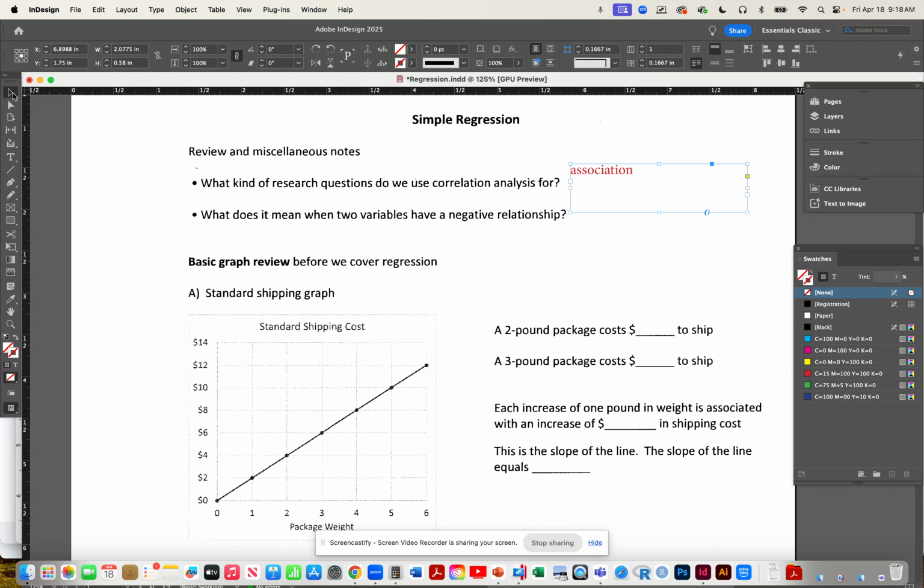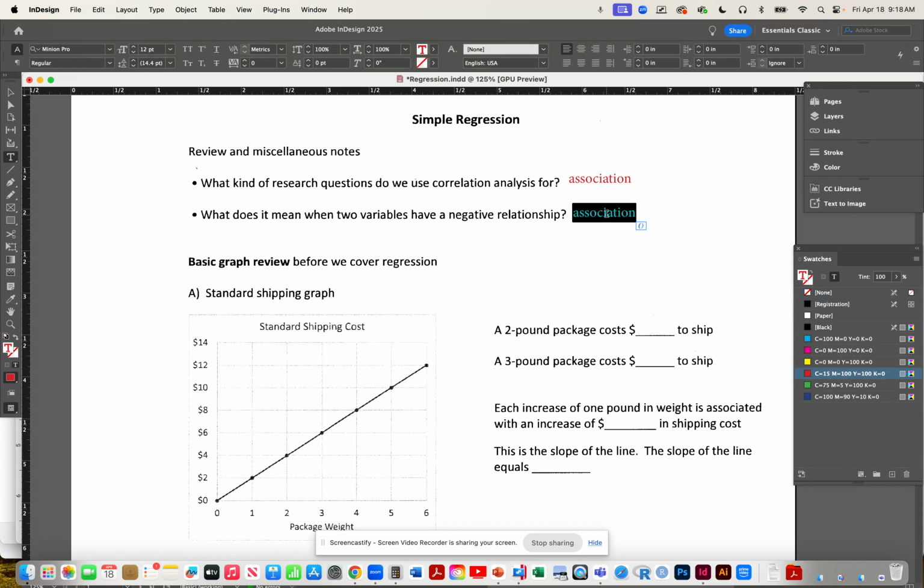We would use something different if it was nominal data versus interval or ratio. When it comes to simple regression, we will concentrate on the Pearson correlation coefficient, so we will be working with interval or ratio levels of measurement.